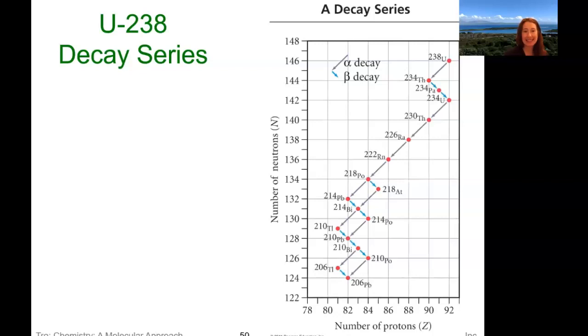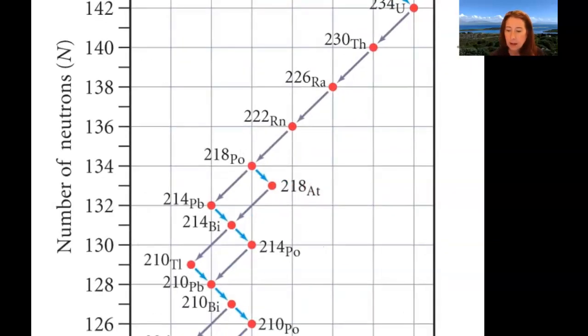So this is the decay series for uranium-238. And on this decay series, very, very well known, again, here's our protons, here's our neutrons right here. Sorry, I can't write on my screen.